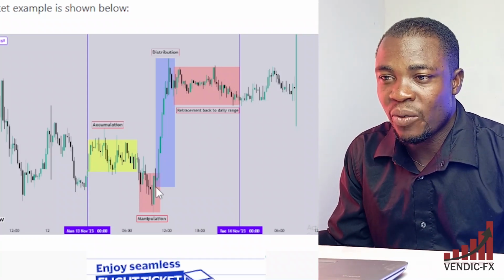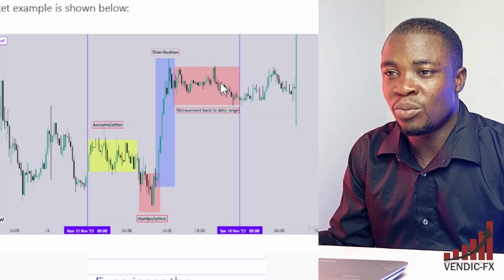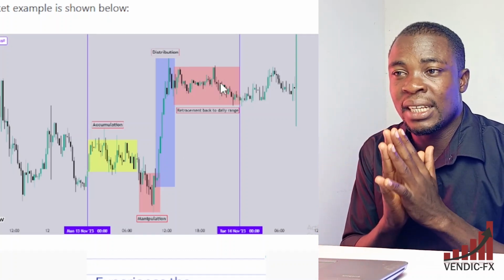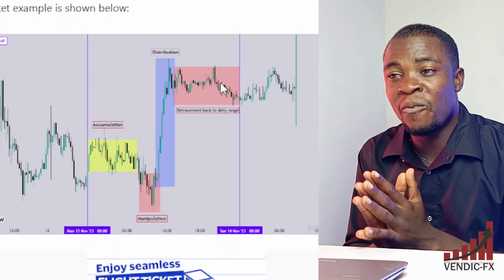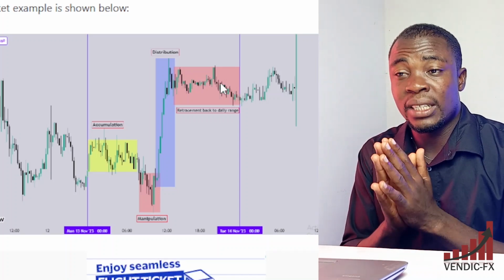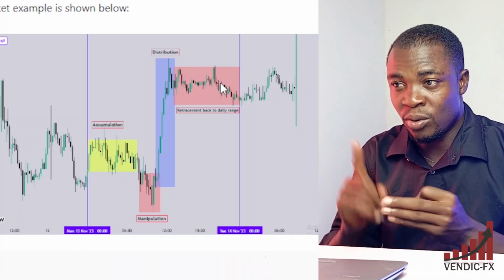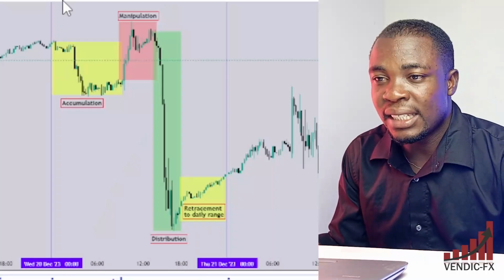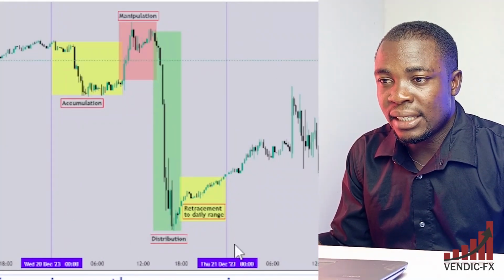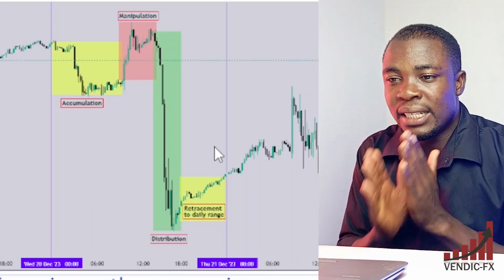So in every market, we have this accumulation, manipulation, and distribution. AMD is a strategy that works on every candle you are trading. Every candle always has an opening, a close, and a wick on both sides. Let's take this vertical line as a complete day.